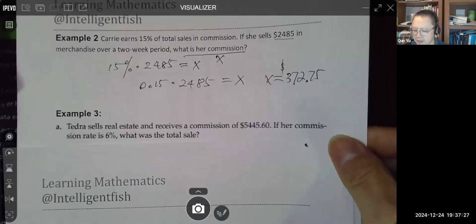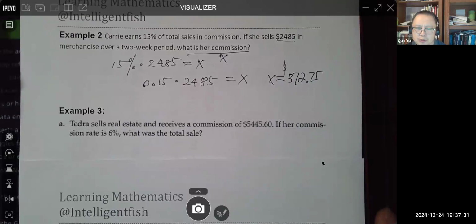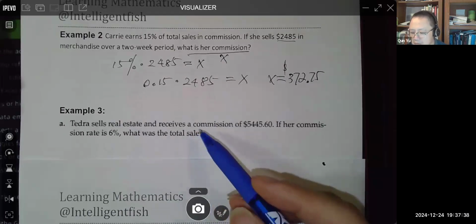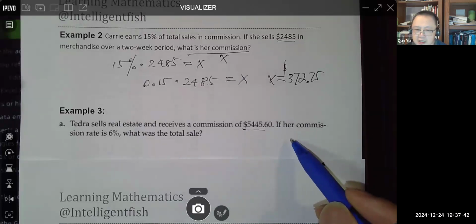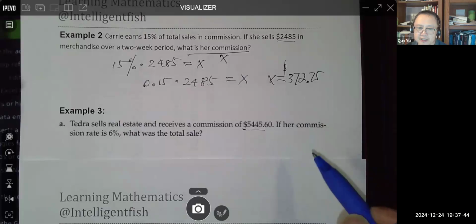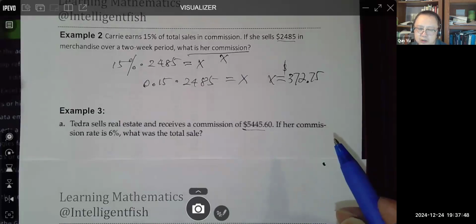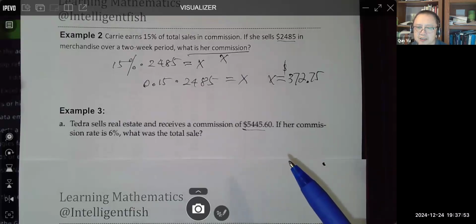Example 3. Tedra sells real estate and receives a commission of this amount. So in this problem, we are given the commission amount. If her commission rate is 6%, so we are given the percentage. What was the total sales? Even though we are asked to solve for a different component in this problem, the basic structure is still the same.